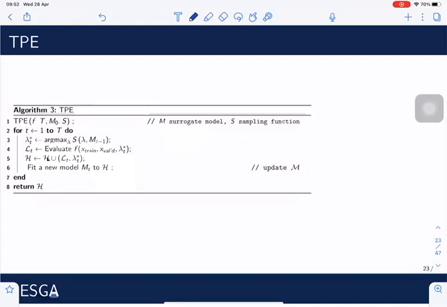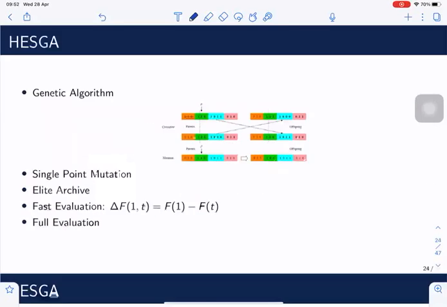Okay, thank you. This is also the framework in which we included the TPE inside of our HPO framework. And okay, let's quickly show how our approach, called HISCA, a genetic algorithm, works. We employed the classical evolutionary operators, crossover and mutation: single point crossover and single point mutation.